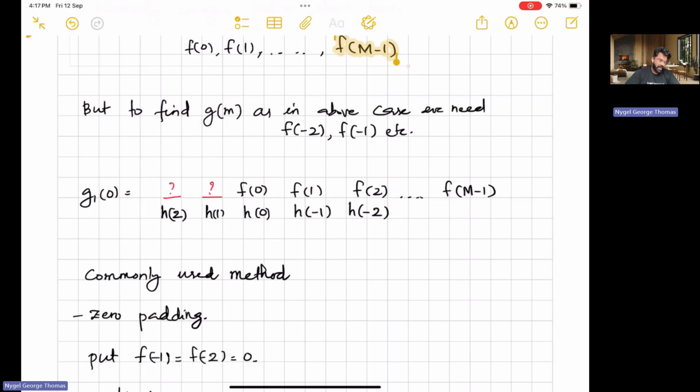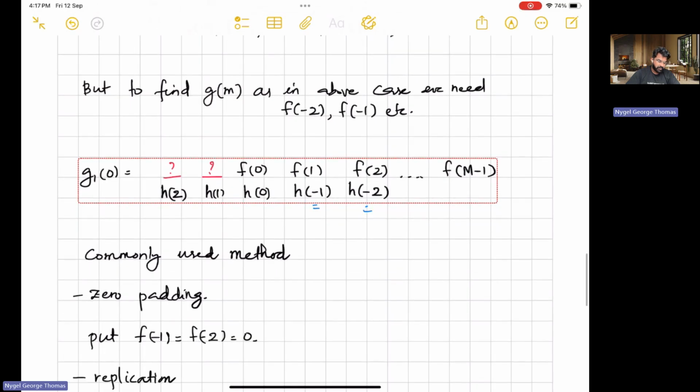So we know the values of h of minus 1 and h of minus 2, but we don't know the values of f of minus 1 and f of minus 2, because the function f starts from f of 0.